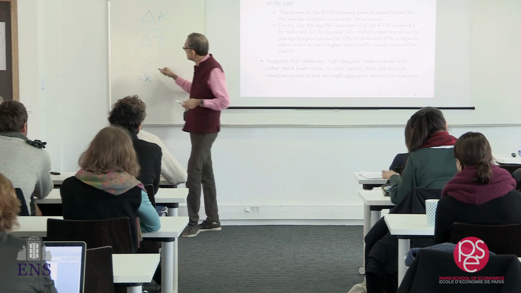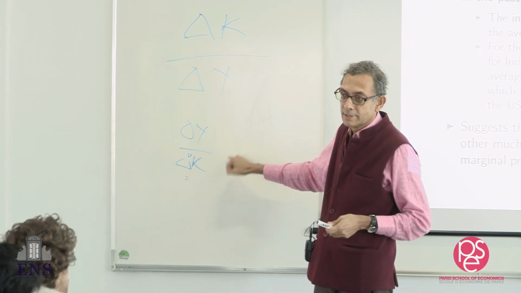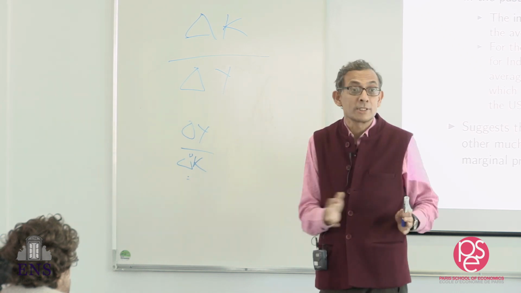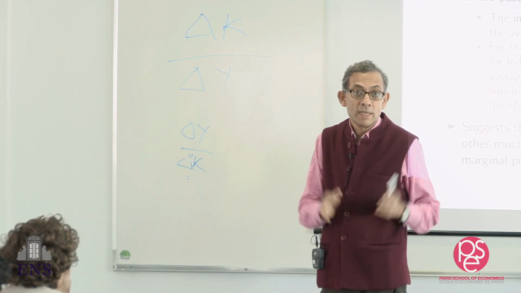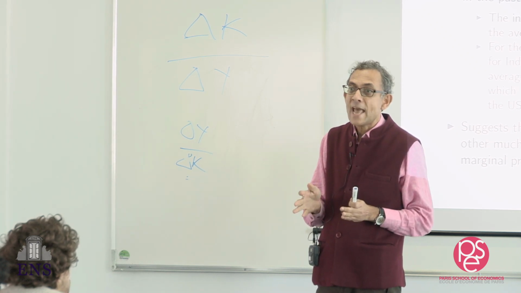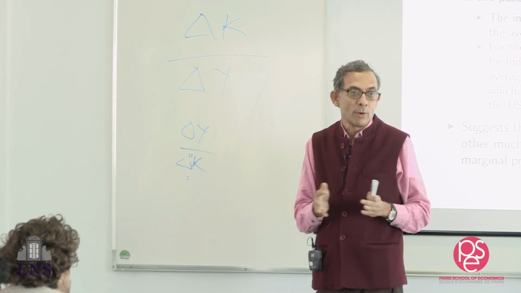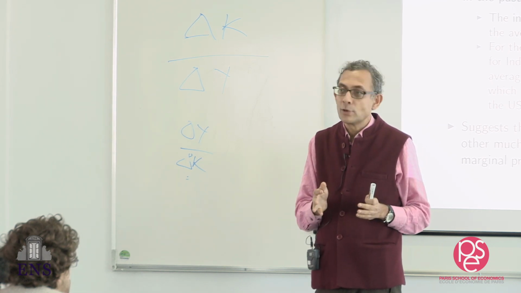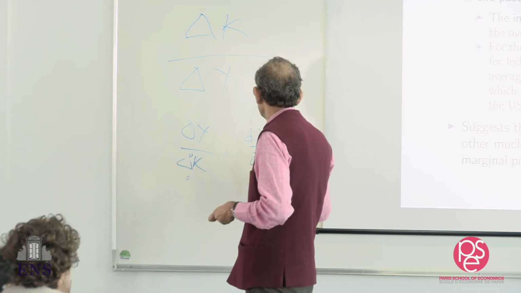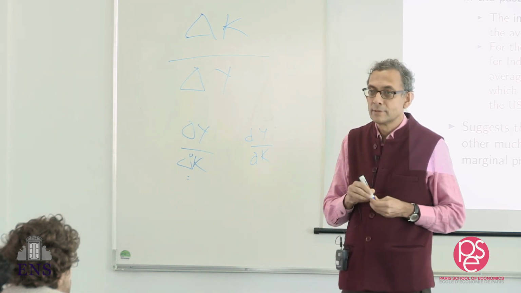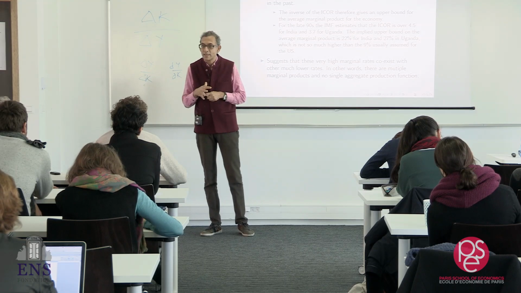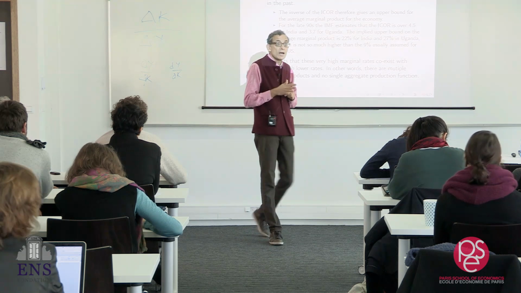But that means that this number, this ratio here, I'm attributing all the change in GDP to capital here. So this has to be an upper bound on this. Okay, that's why I like that number, because it gives you an upper bound.